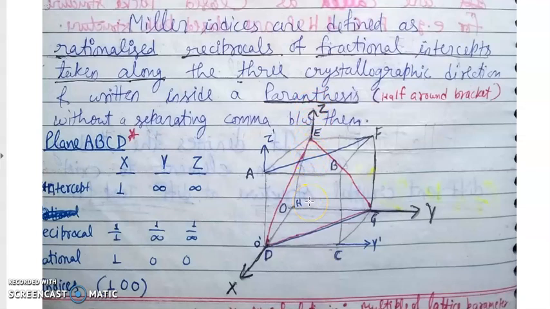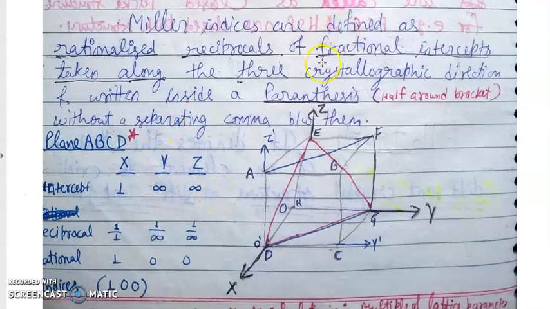So this ABCD plane has only one corner through which an axis passes, which is your X. So only one intercept is there, that is on the X axis. I have written the intercept on the X direction as 1, and the remaining Y and Z are infinity and infinity.